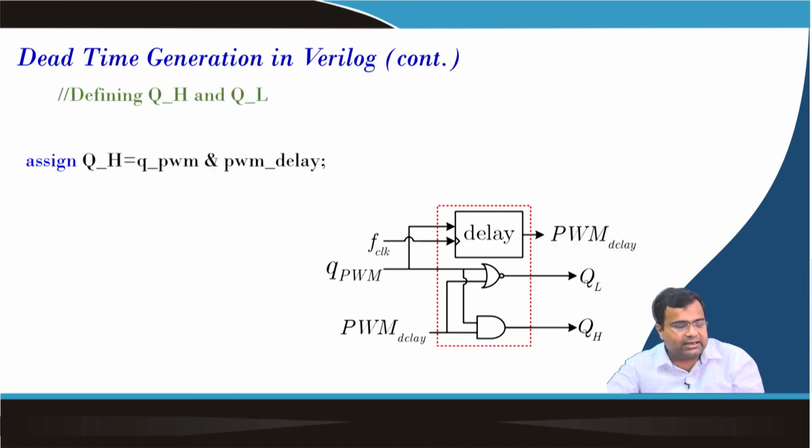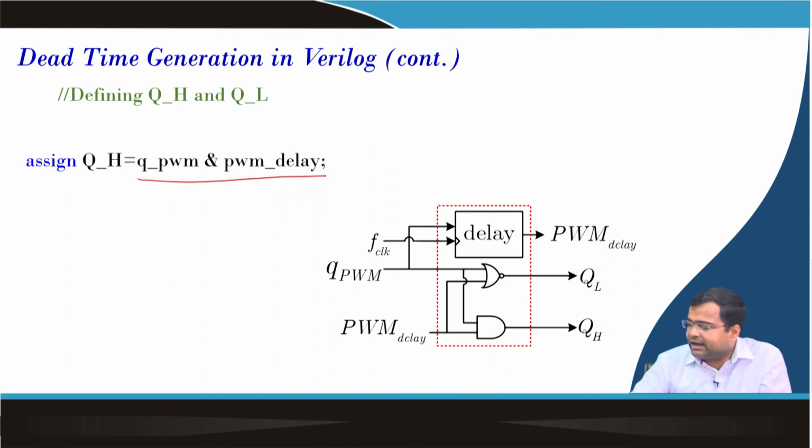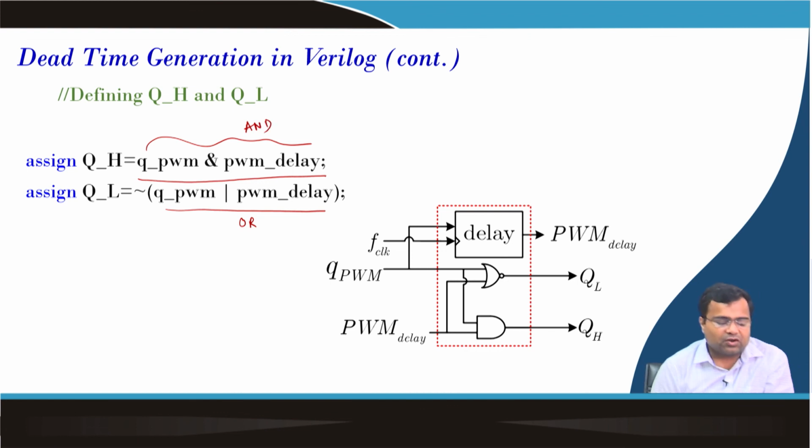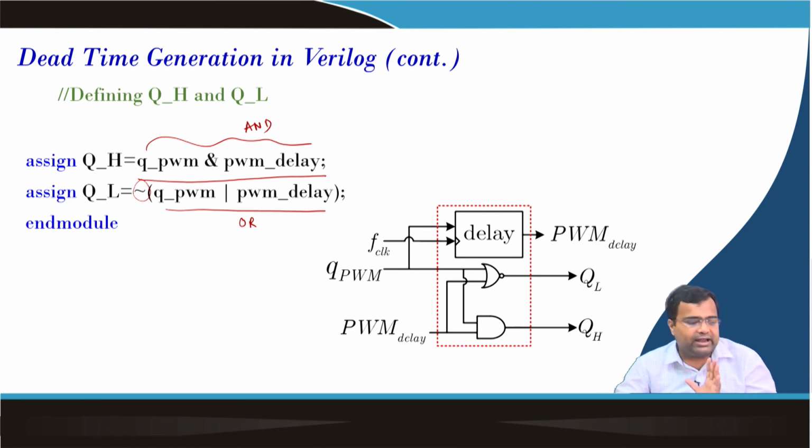In one line, you can write assign QH, this is in data flow modeling, which represents the AND gate, and this is a NOT of OR operation. So, this is an OR operation and this is the AND operation. This is an invert, that means you are complementing this. So now this is the end of this module.